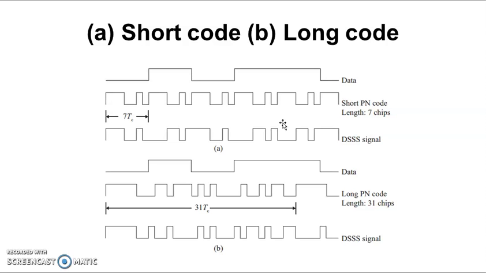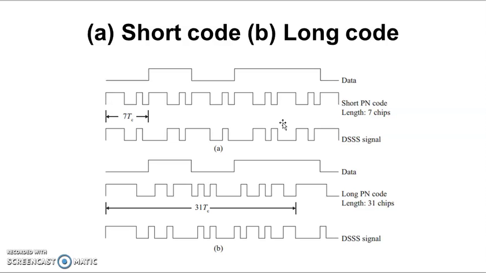Long codes are PN codes whose length is several data bits long, and the spreading waveform is not periodic with respect to the data symbol. The spectrum looks like a random one.